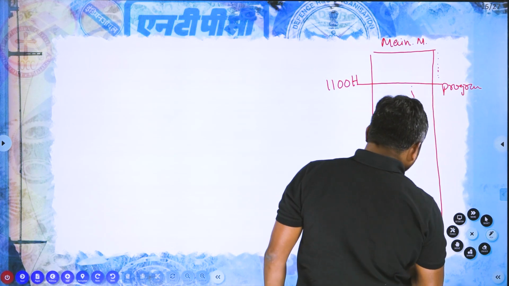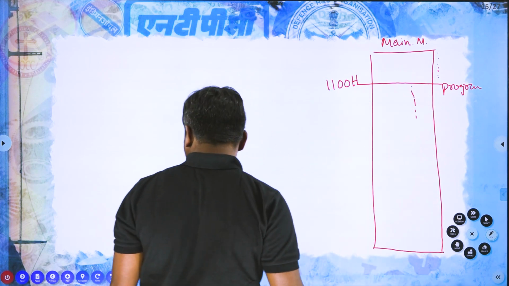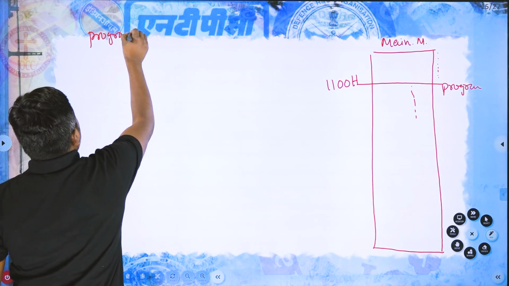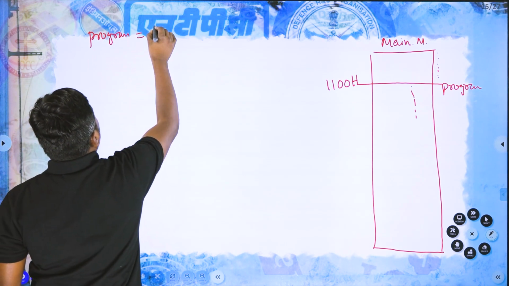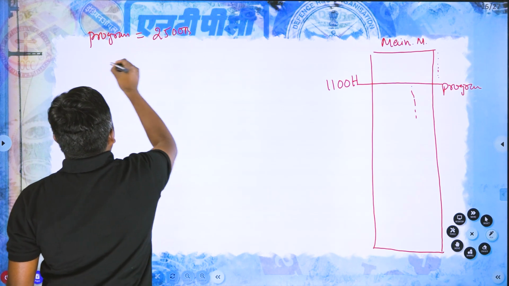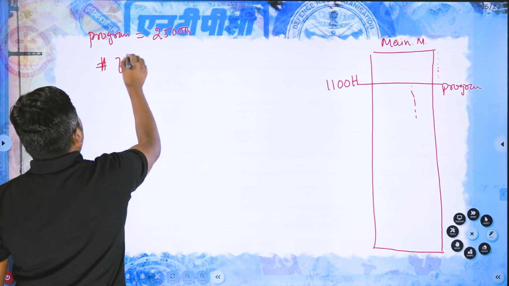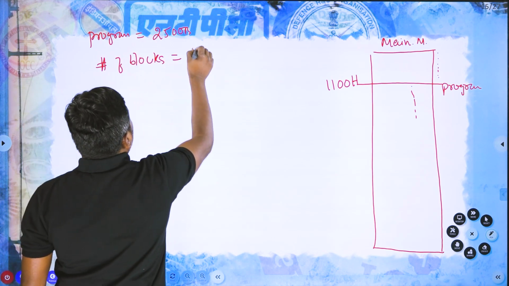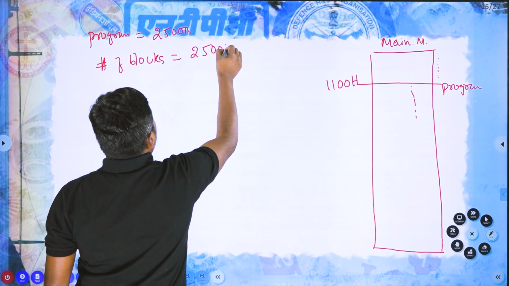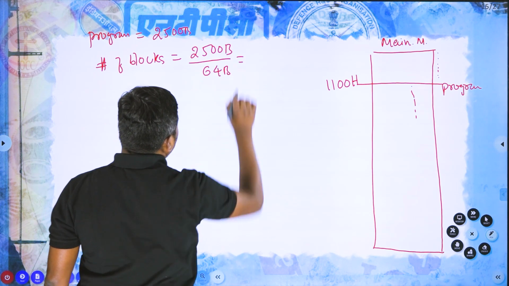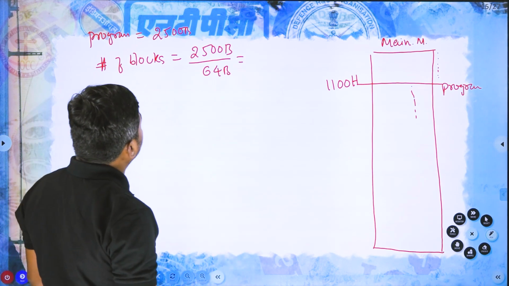So how many blocks are required to store this program? Program size is 2500 bytes. The number of blocks for storing this will be 2500 bytes divided by the block size of 64 bytes.